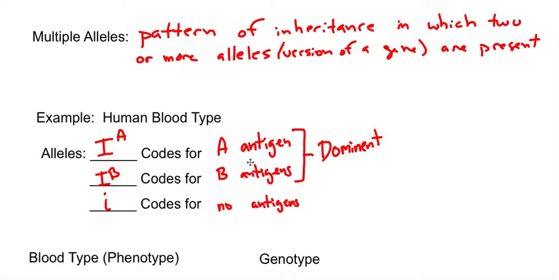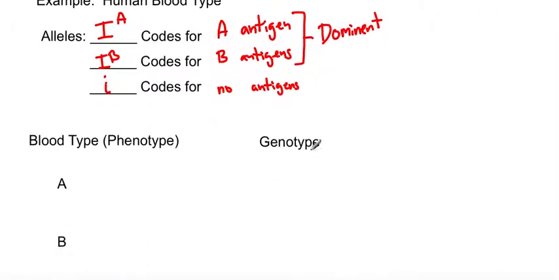What's important is that when it comes to these alleles, these two are dominant, and the no-antigen allele is recessive. People have type A, B, AB, and even O blood. If somebody has type A blood, their genotype would be I^A I^A, or they could also have I^A i.